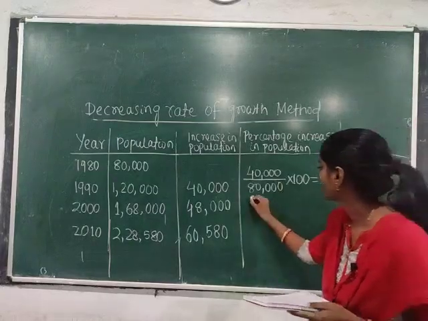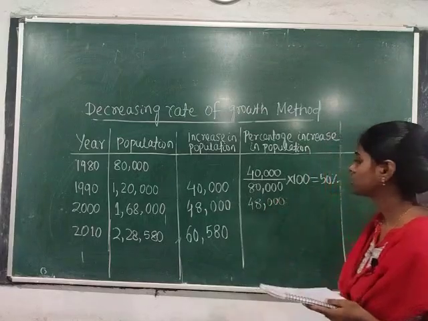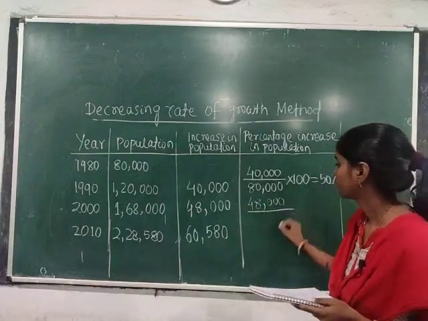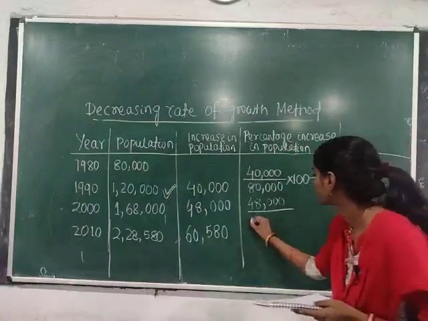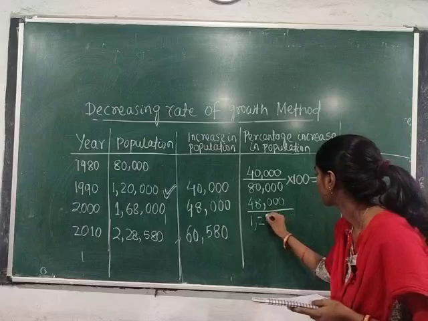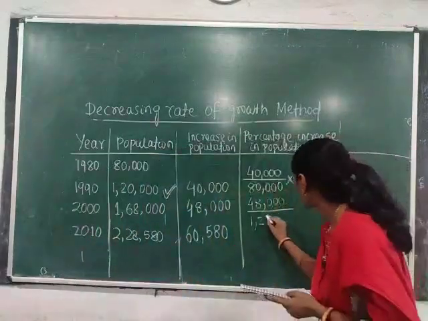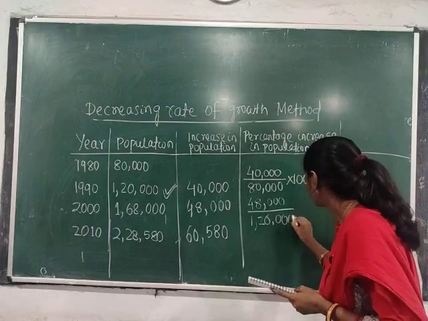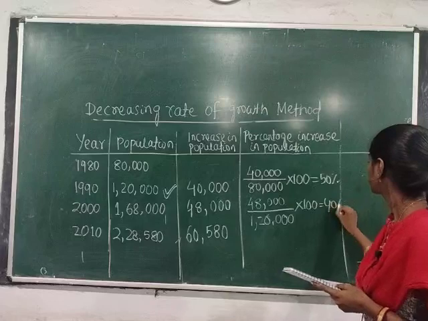Similarly, for the next decade the increase in population is 48,000, and the initial one is 1,20,000. 48,000 by 1,20,000 into 100, so this becomes 40%.